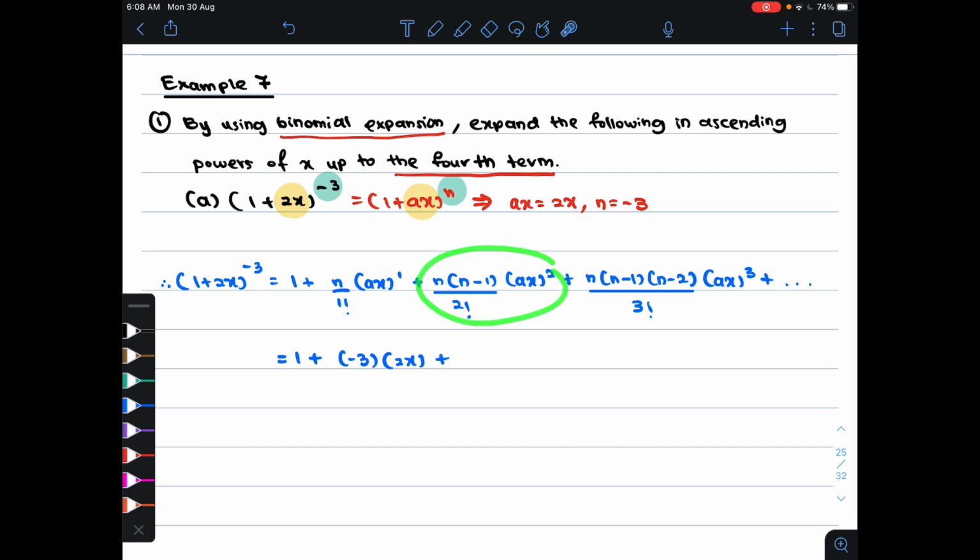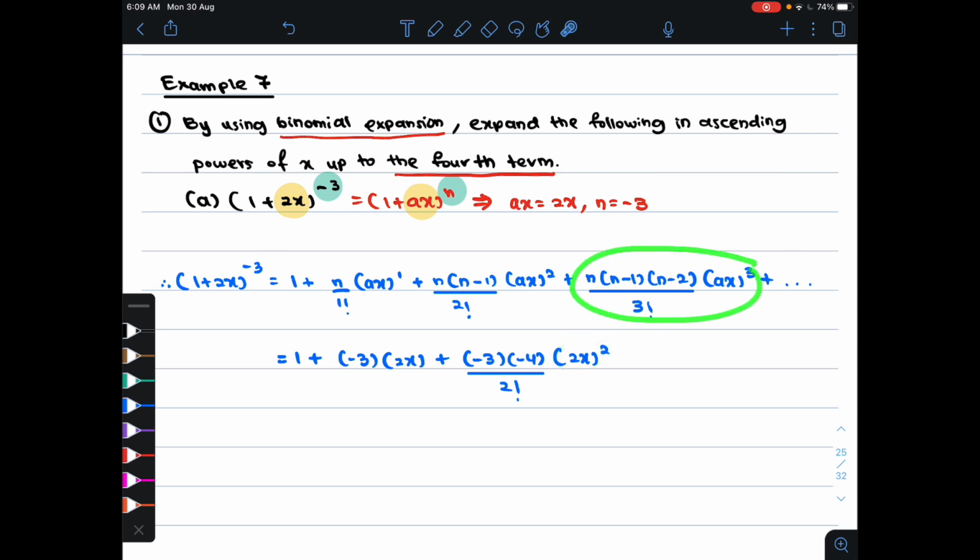For the next term, here we have n times n minus 1. So we're going to have negative 3 times negative 4 over 2 factorial times 2x to the power of 2, because here we have ax to the power of 2, hence we're going to have 2x to the power of 2.